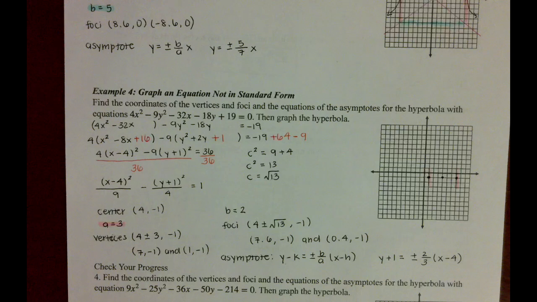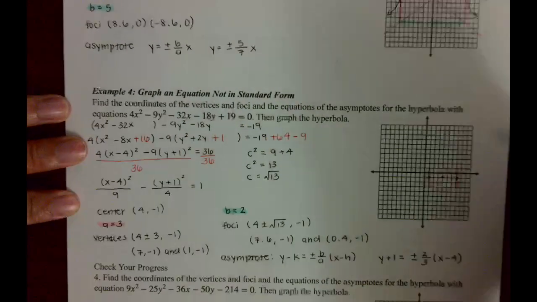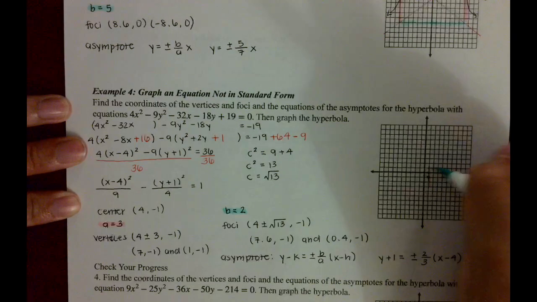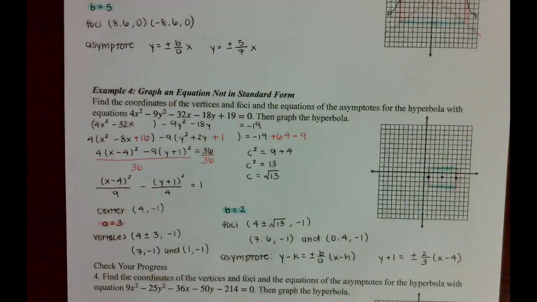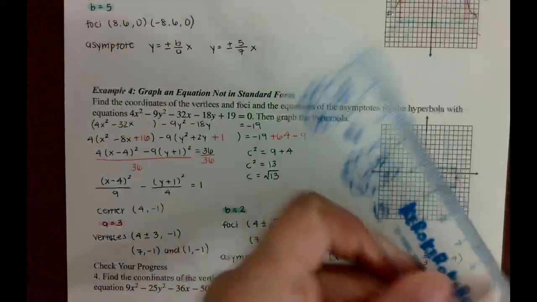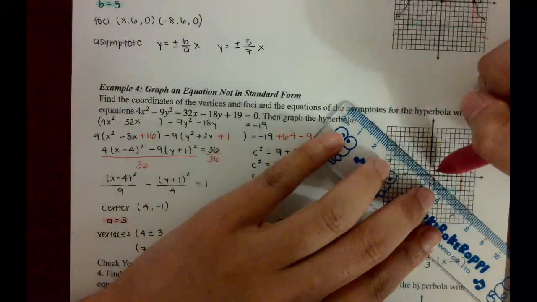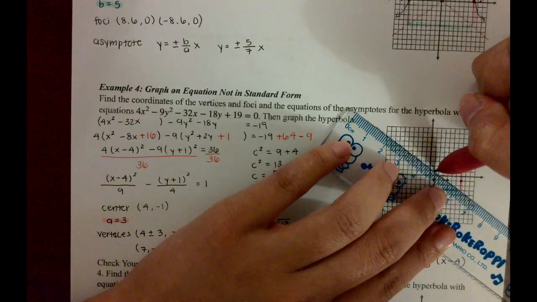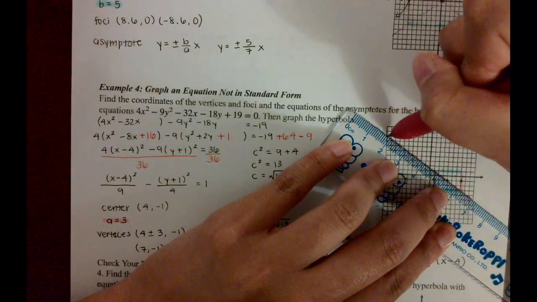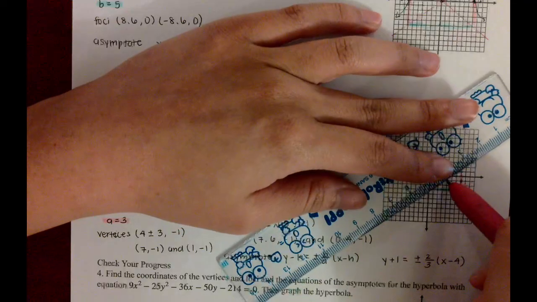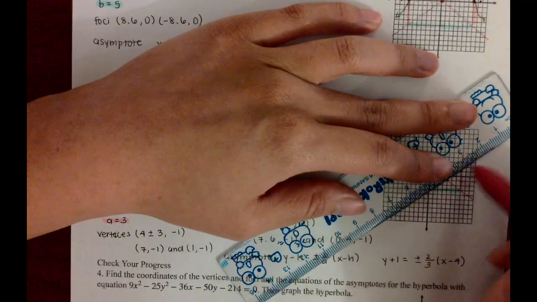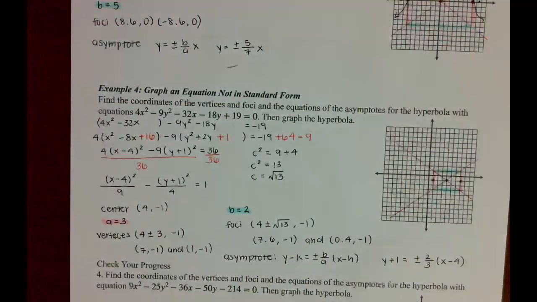B is 2, so above my center I'm going to go up 2, 1, 2, my line down 2, make my line, okay, and then I'm going to connect, go across, so here's my asymptote, here's one, here's the other, okay.